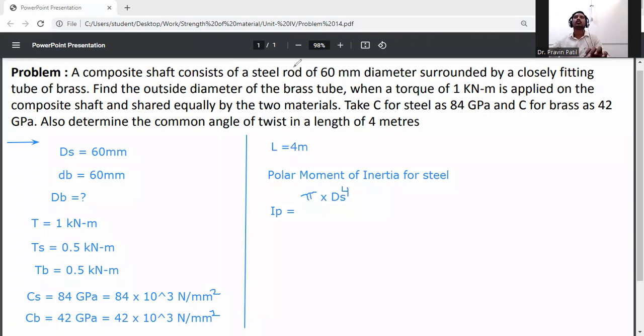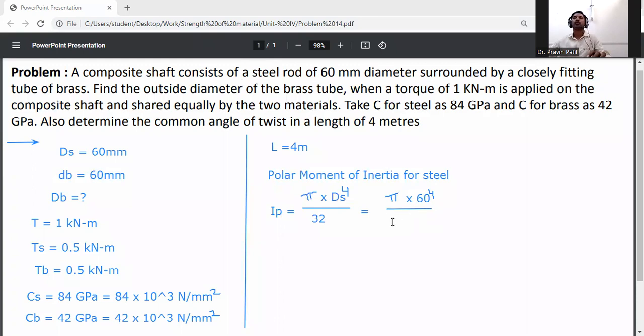IP is Ixx plus Iyy, so it is pi d raised to 4 divided by 32. So pi into 60 raised to 4 divided by 32.